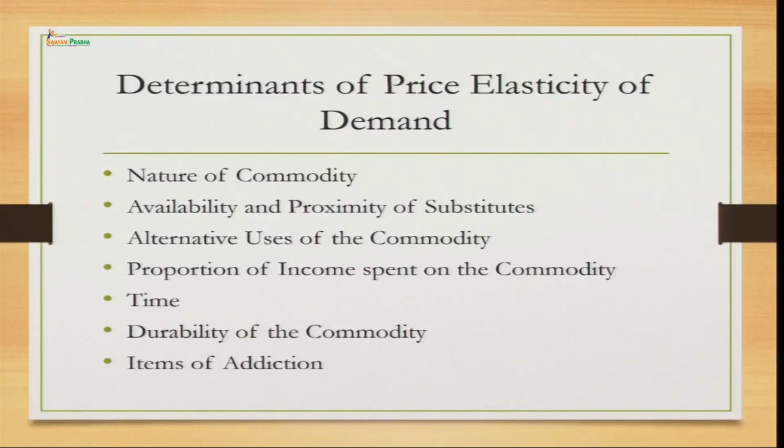Okay. So, now let us talk about the determinants of price elasticity of demand. The very first point is the nature of commodity, which has a very significant impact on the elasticity concept. We can say that necessary goods are of inelastic nature, because even if the price of these commodities changes much, their demand is not affected, or affected very little, because they are necessary goods.